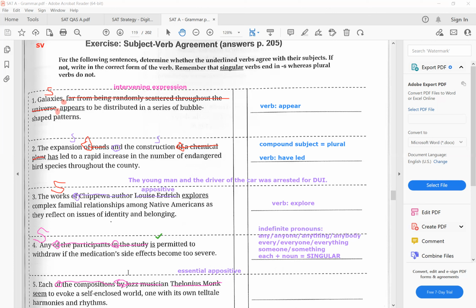And what is my subject? It is actually our indefinite pronoun each. And we mentioned that, right? Each is singular. So of course, our verb needs to be seems with an S. And that is how you do your subject-verb agreement question.